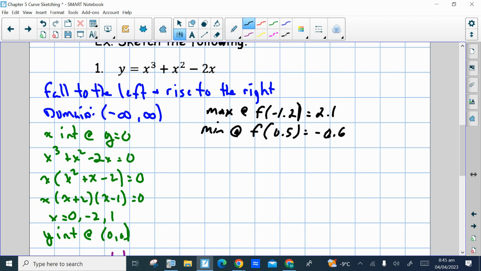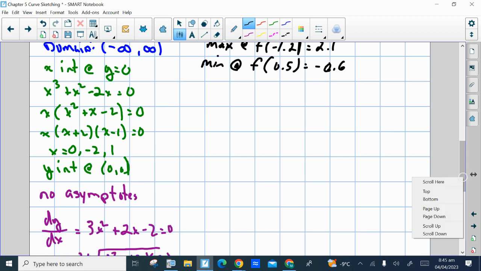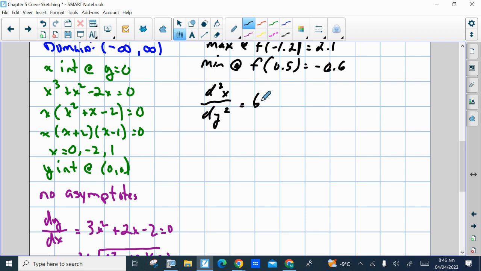So the last thing we do is we'll find our second derivative, the critical number of that, and this will tell us what our concavities are, and if we have a point of inflection. So d squared y over dx squared will be 6x plus 2.